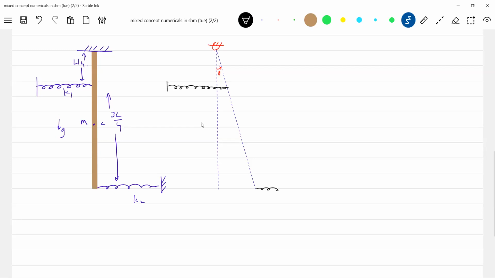This will be compressed, so spring force will act here. This will be K1 X1. So the spring force here will be K2 X2. So this is X2. And the center of mass, which was here, will now get displaced, so will be here. These are all the forces that are acting.